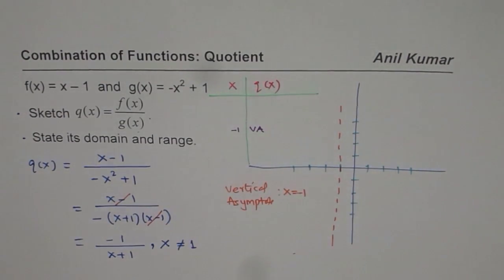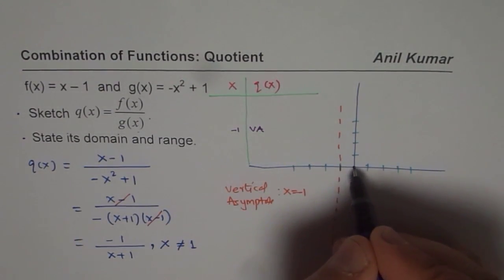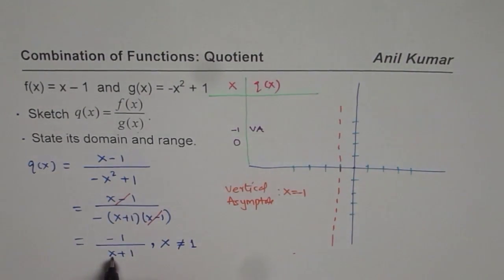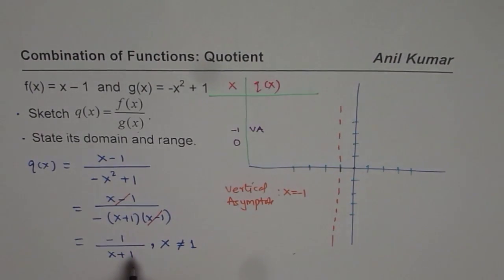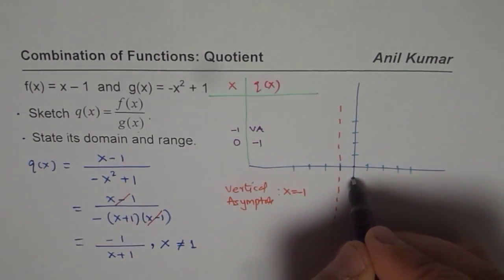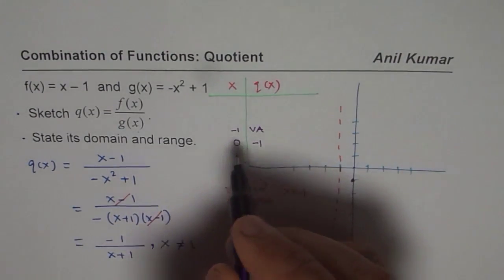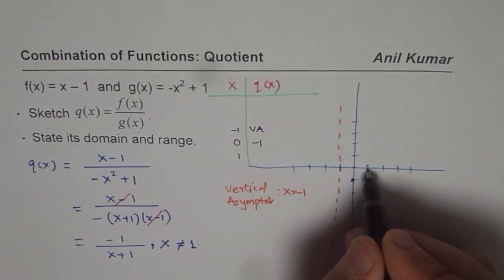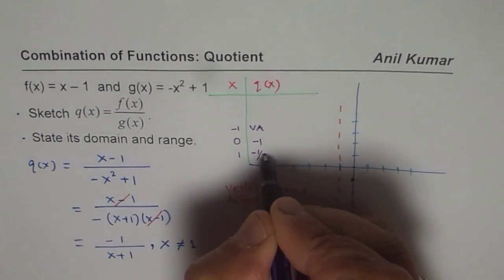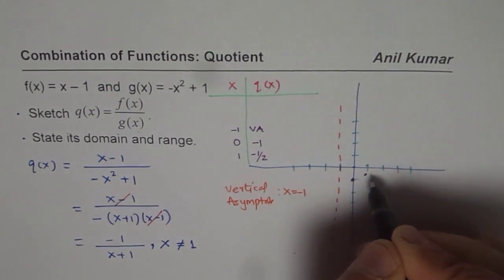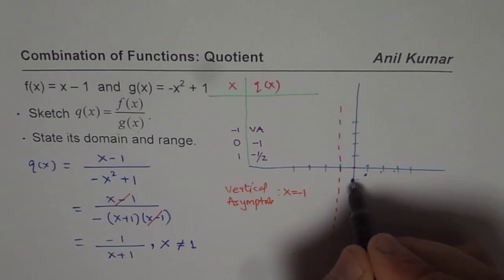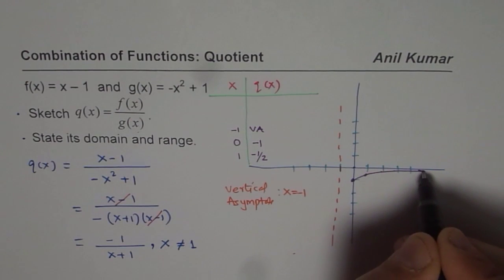That is what we have already drawn. Now let's take a point which is 1 unit to the right of this, so which is 0. If I substitute 0 here, then q of 0 will be minus 1, right? If I substitute plus 1, move one more unit to the right, in that case it will be minus half, right? As we move further, we know it's approaching 0, right? So we have this graph which is approaching like this.